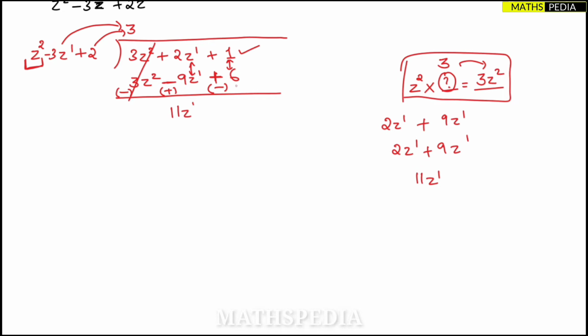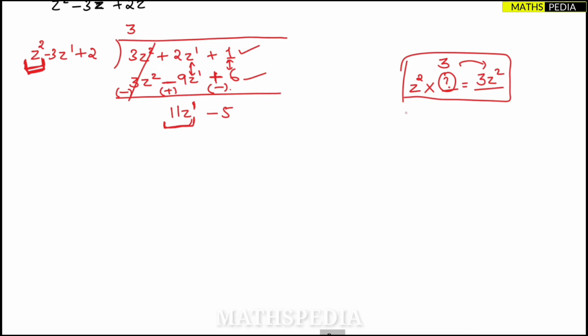Next, here 1 minus 6, not plus minus, minus 6. 1 minus 6 is what? Minus 5, right? Now next, again you have to see first term of outside part and first term of inside part. So here, z square into what will give me 11z power 1?